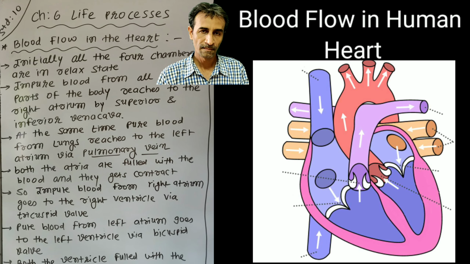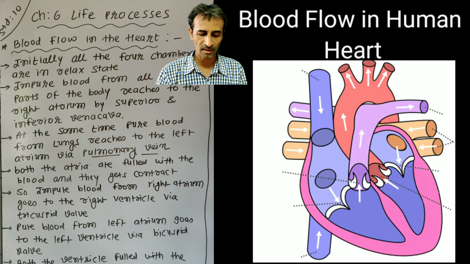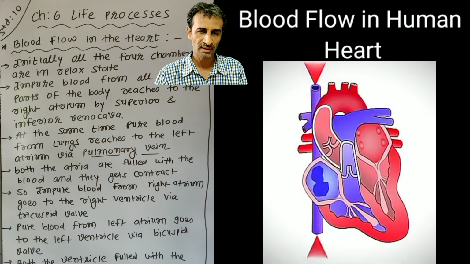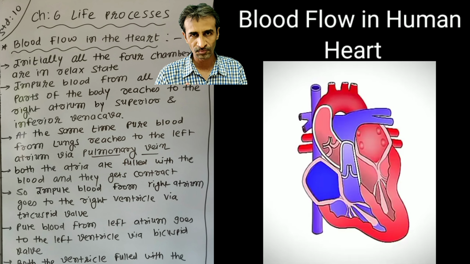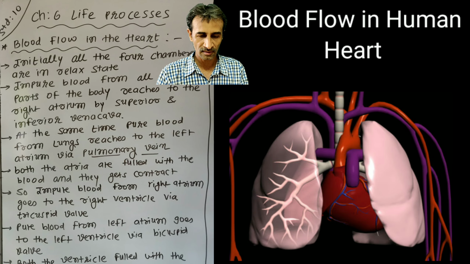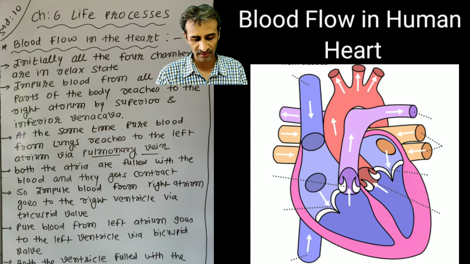The blood flow in the human heart. Initially, all the four chambers are in a relaxed state. The impure blood from all the parts of the body reaches the right atrium by the superior and the inferior vena cava. At the same time, the pure blood from the lungs reaches the left atrium via the pulmonary vein.